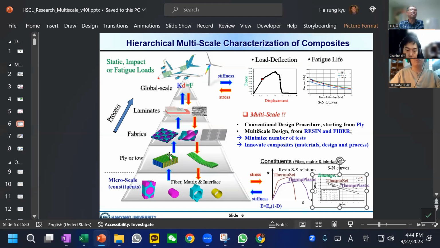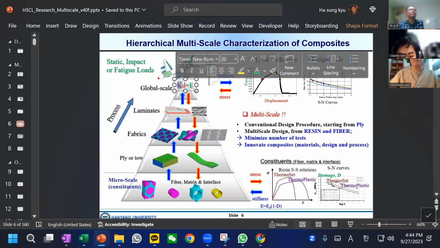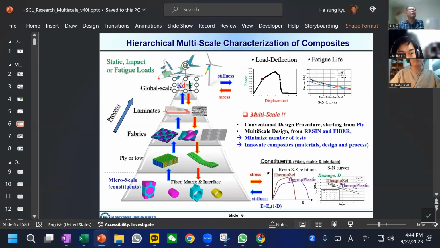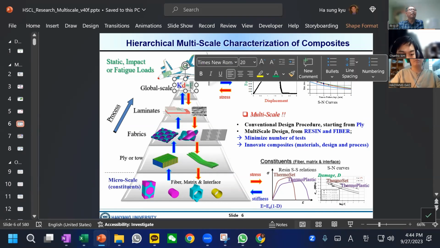That would affect all the stiffness. And once some part somewhere the damage is progressing, material property will degrade or changing, and then this global KDF means that K, what does it mean? Always the stiffness. F, what does it mean? Is the external force. And D is what?